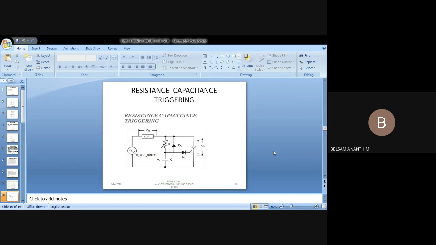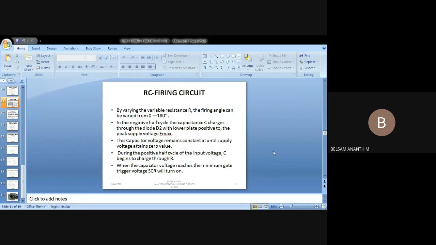Thereby, I can achieve the time constant for an RC circuit, tau equal to RC. I think you may have learned this in your system dynamics. So please remember, in the earlier one we just discussed, the firing angle was given as 90 degrees, a 0 to 90 degree variation. But here, the firing angle variation is from 0 to 180 degrees.